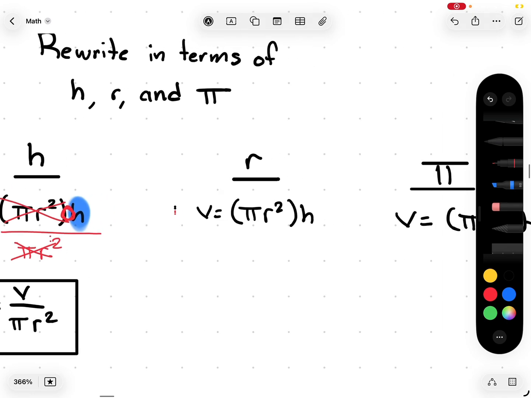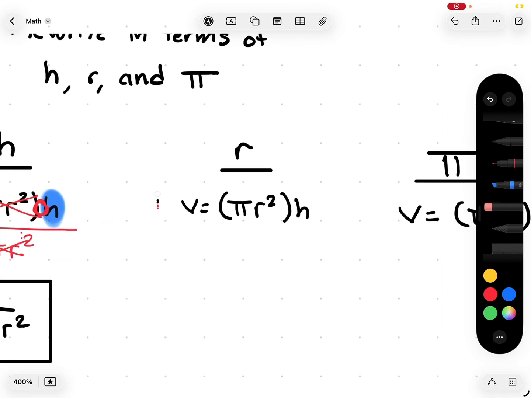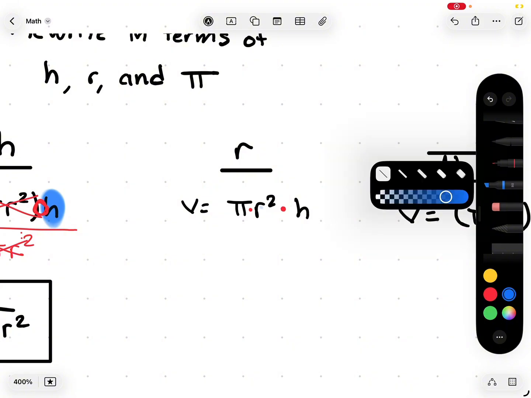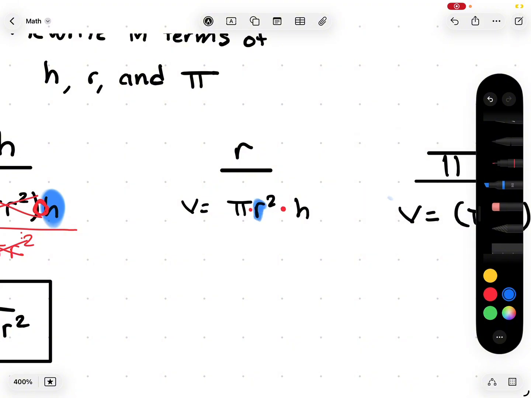Now let's do the same thing with r. This is going to be a little bit harder. One thing that I notice is that since this is being multiplied and that's also being multiplied, we can get rid of these parentheses, because pi is being multiplied to r squared, which is being multiplied to h. And we need to find r, so we need to find this, not the 2, but this, which means that our final is going to look something like that.